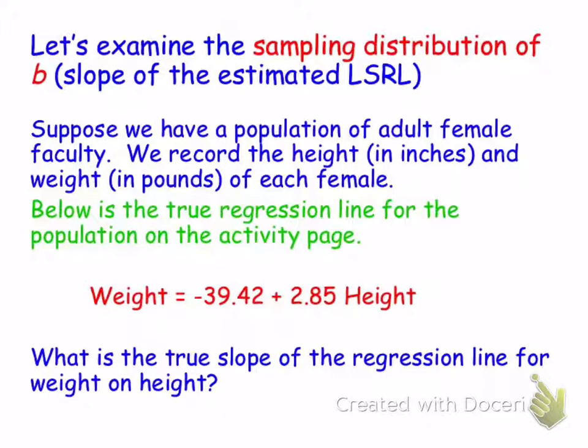It's 2.85. We call that beta because it's a true slope. So beta represents slope. Is that a positive or negative relationship? Positive. That makes sense because when you are taller, you are expected to weigh more.